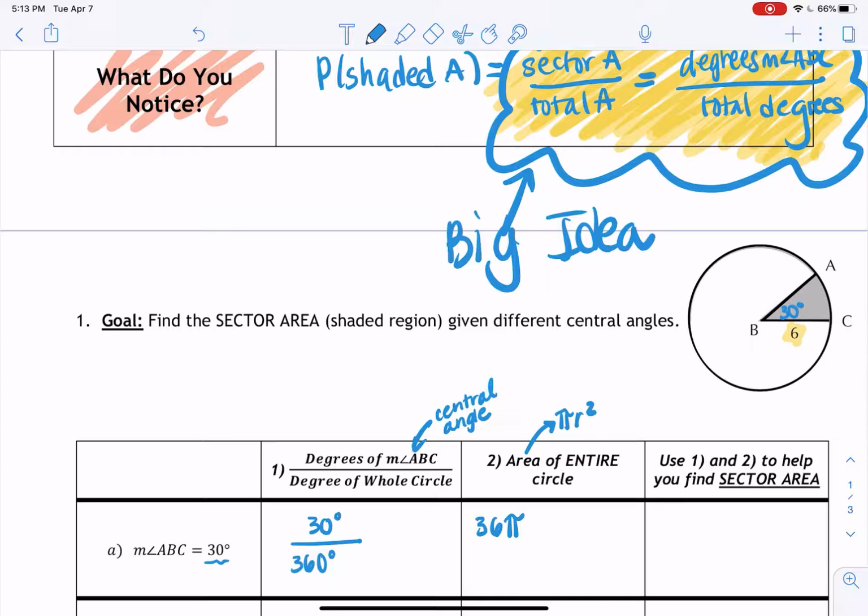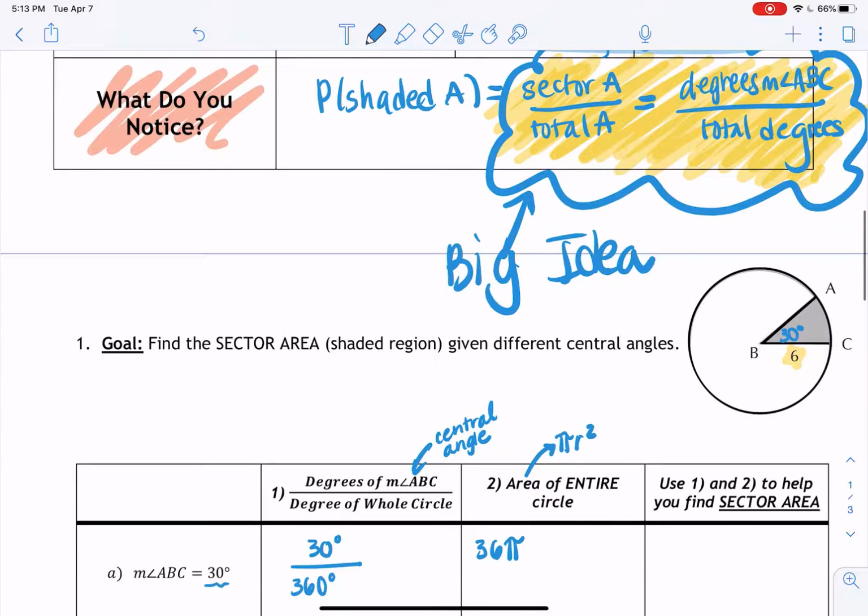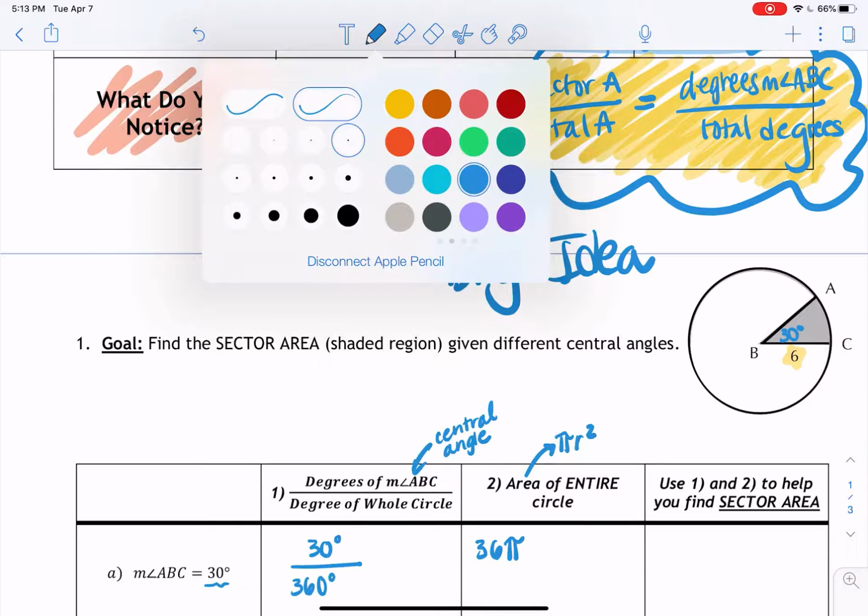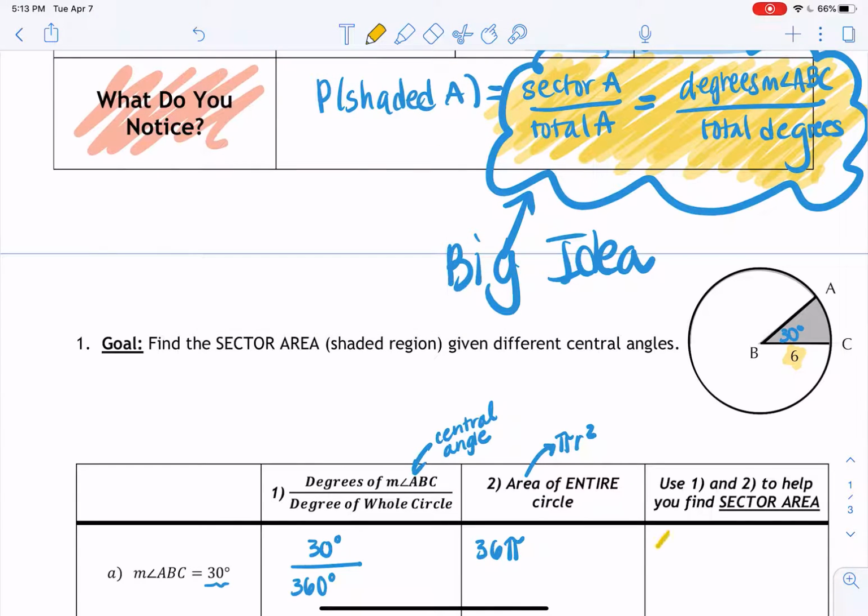And then we want to use these two pieces here to find sector area by setting up that yellow equation. So sector area, we don't know what it is, so we're going to give it an x, divided by total area, 36 pi, equals our ratio of our angles.